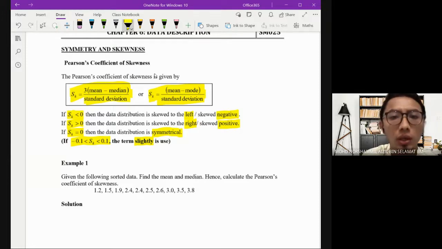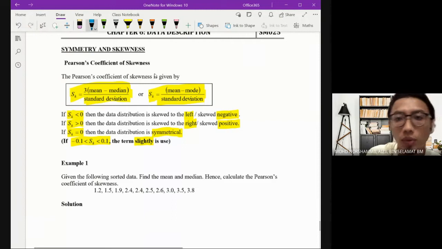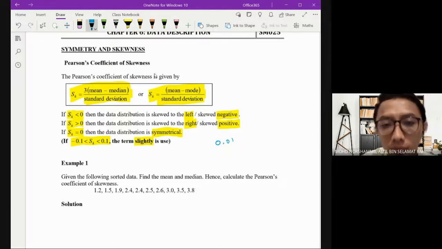So we can call the data as almost symmetrical. Ataupun kalau dah 0.001 tu kita round off terus jadi 0, terus jadi symmetrical lah. Kalau macam 0.01, we can call the data as almost symmetrical, for example.